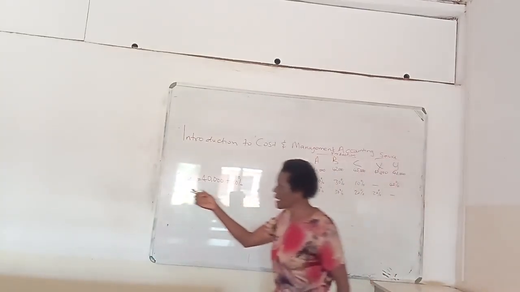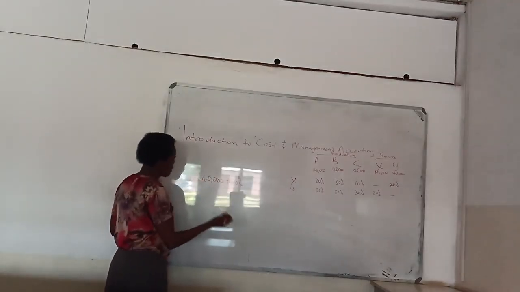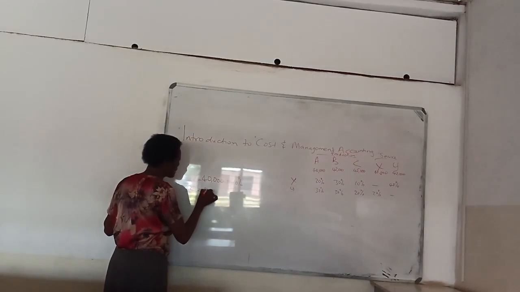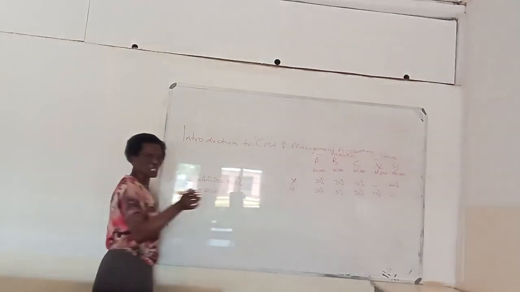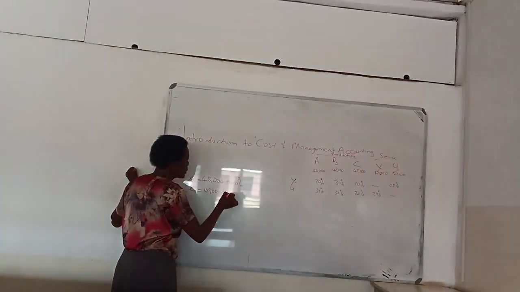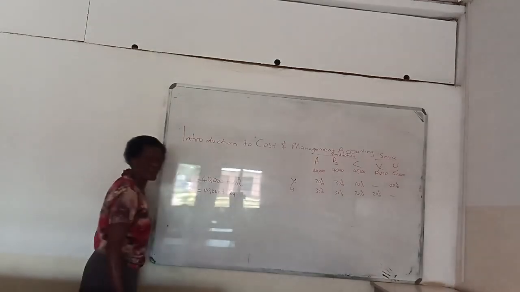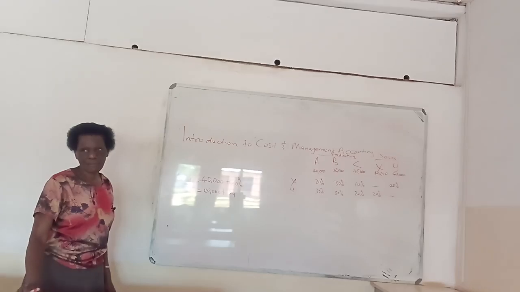That's what I've written there, just for your explanation. Therefore, in a normal way, we can say X is equal to 40,000 plus, if we want to decimalize the percentage, 0.2Y. I did that deliberately for you to understand.